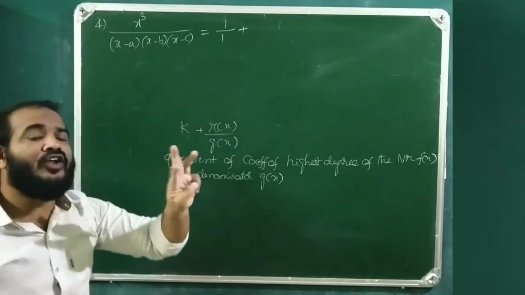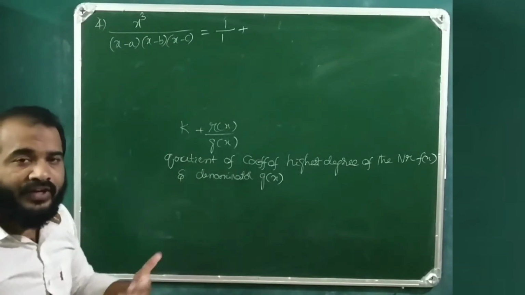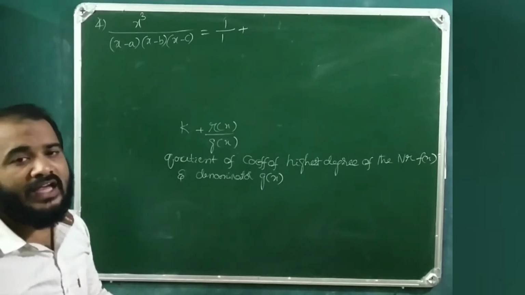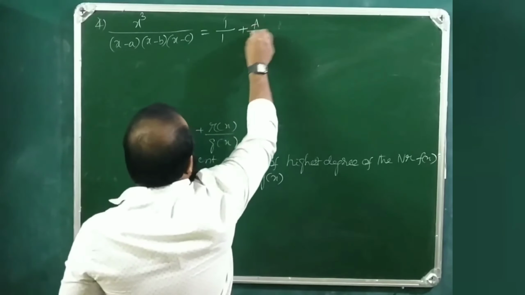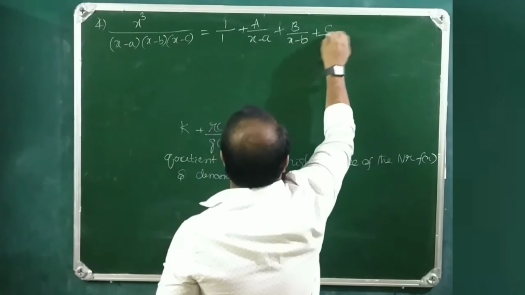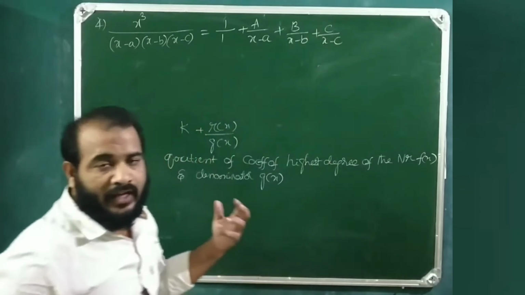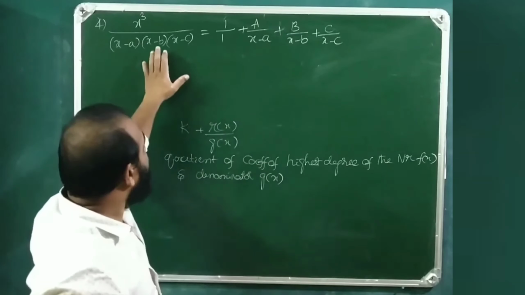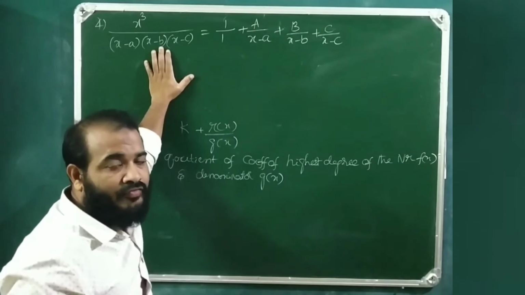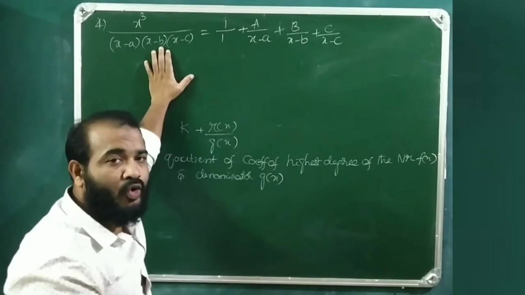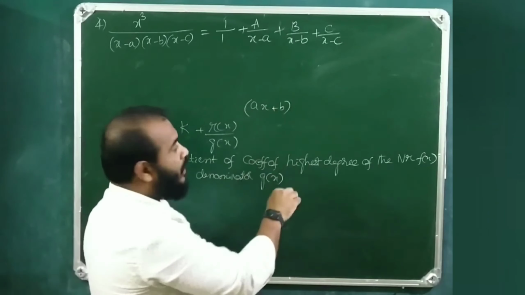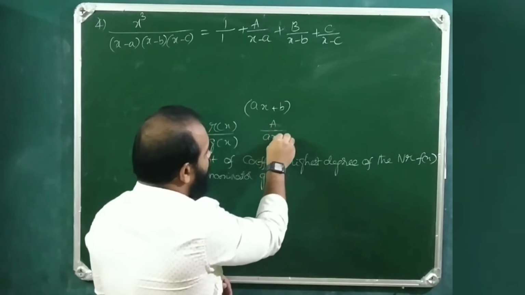This denominator contains 3 non-repeated linear factors, for which we need to take a by x minus a plus b by x minus b plus c by x minus c, because the first type says that if the denominator contains a non-repeated linear factor, for each non-repeated linear factor of ax plus b, there exists a partial fraction of the kind a by ax plus b.